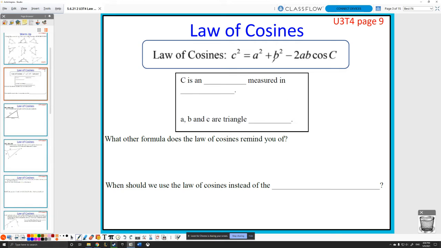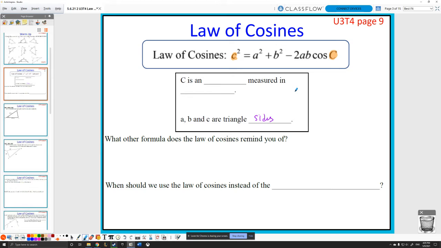So the law of cosines. A couple things you'll notice: I don't want you to think about it as whatever angle was C, like it has to be these particular letters. All you should see is that these are three sides. So A, B, C are triangle sides, and these two on the outside are a pair.